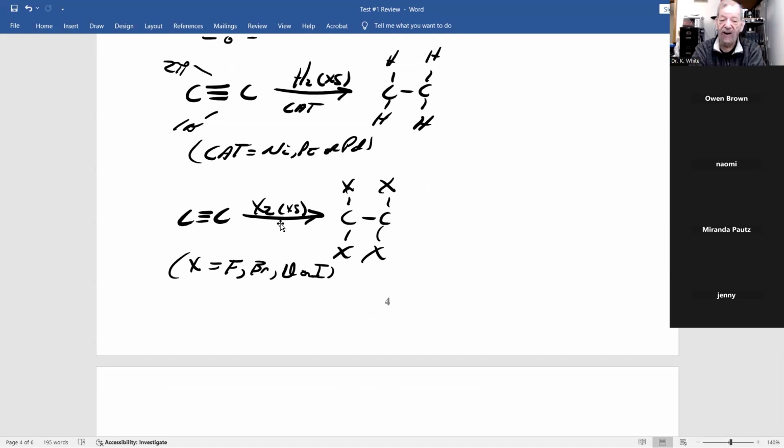I have all the halogen gas I need to react with the triple bond. And you break the 2 pi bonds, and for each pi bond, each carbon of the triple bond gets a halogen. 2 pi bonds, so each carbon gets 2 halogens.